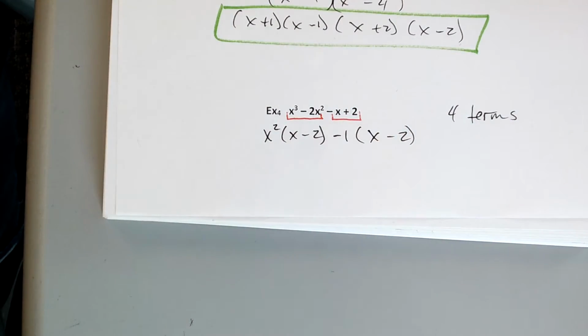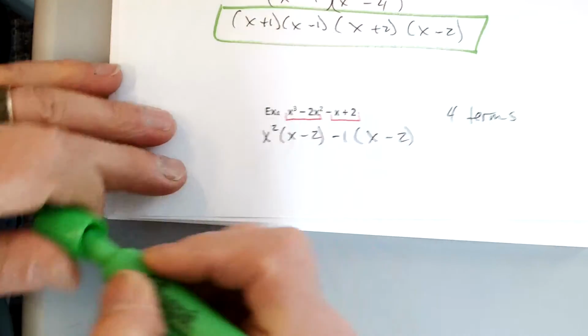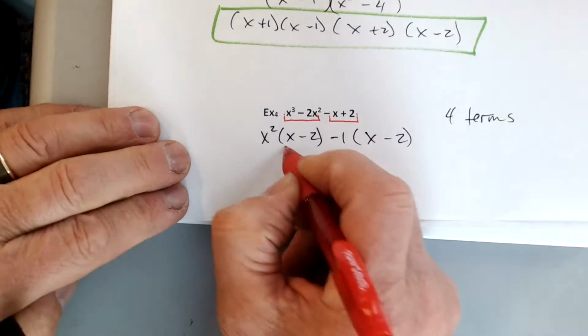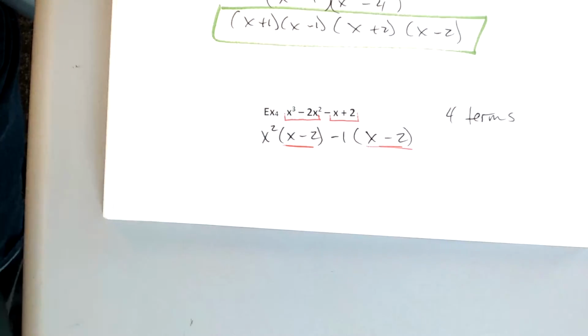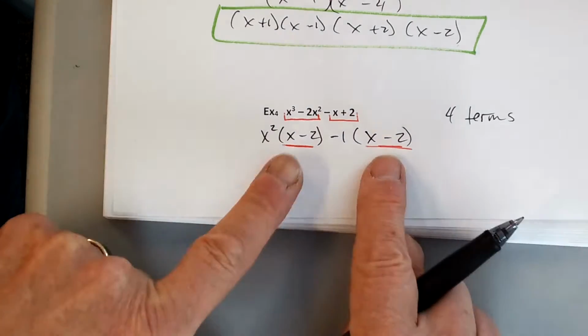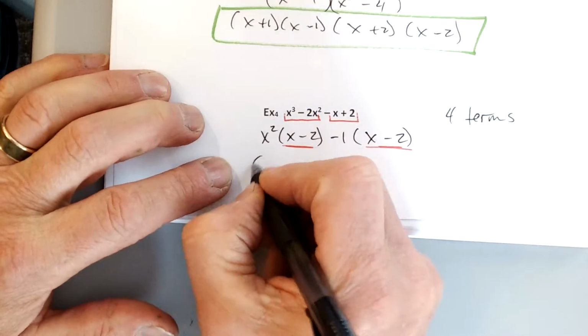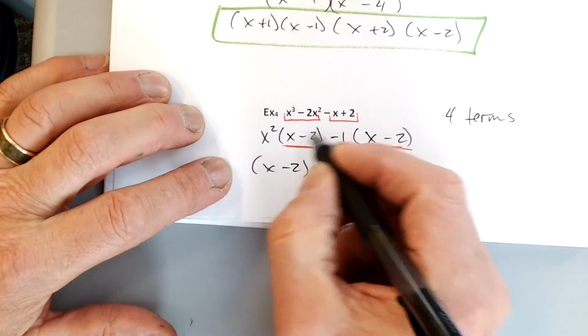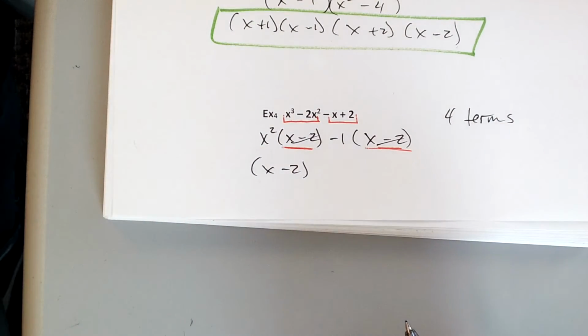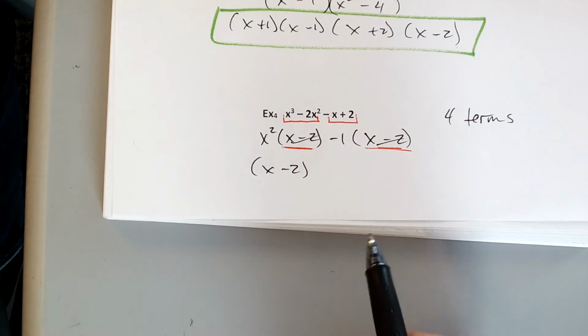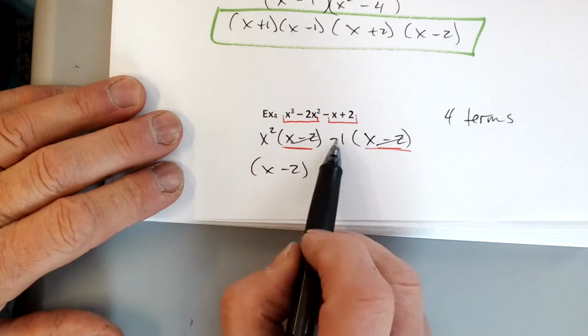Now we're where we want to be, because these two things are the same, right? So the next question is, what do they have in common? Well, what they have in common is the parentheses x minus 2. So I take that out, and what's left over is the x squared minus 1.